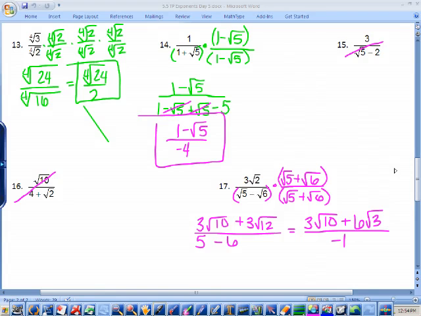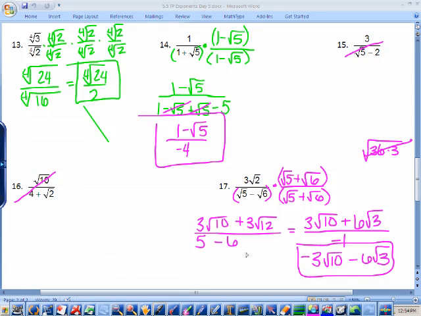No, 6 radical 3 is the same as the square root of 36 times 3. Okay, yes, that's the same. This negative 1, technically you're not going to just leave it down there. So that negative 1 causes all your signs to change. This is negative 3 root 10 minus 6 root 3. Questions? You put like a negative in parentheses 3 root of 10 plus 6 root 3. Sure.